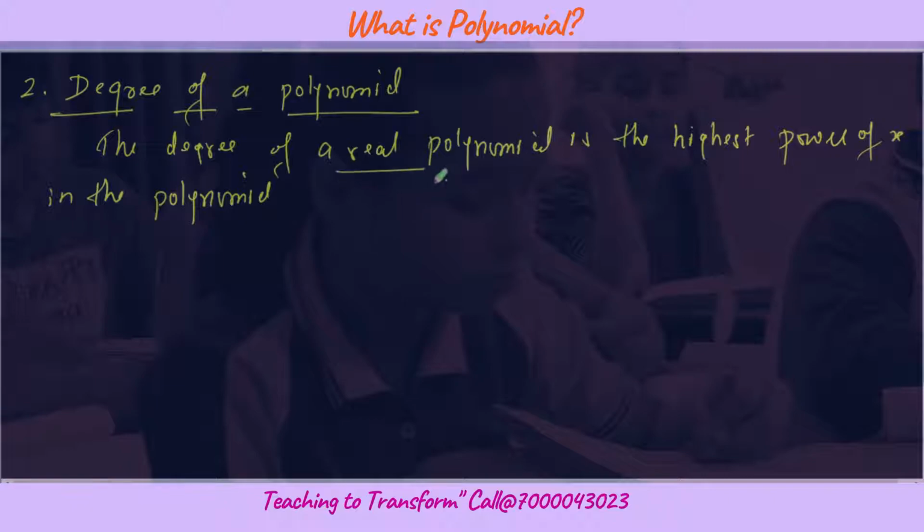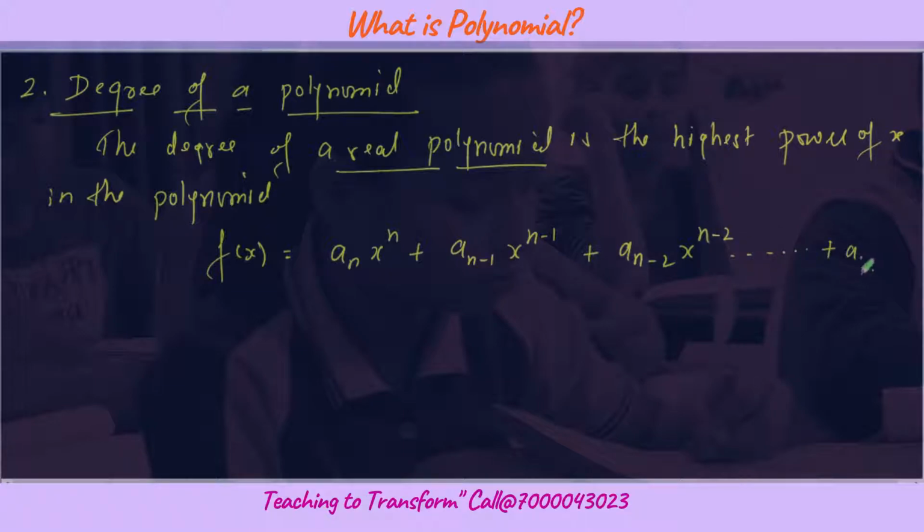Degree of a real polynomial is the highest power of x in the polynomial, and it can be written as f of x is equal to an x to the power n plus a n minus 1 x to the power n minus 1 plus a n minus 2 x to the power n minus 2 and so on, plus a naught x to the power 0.